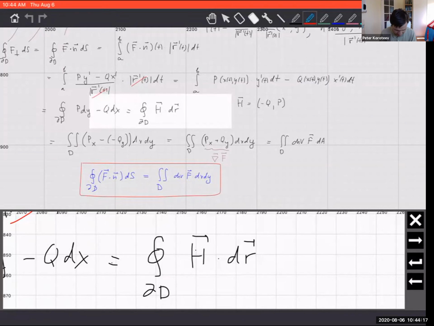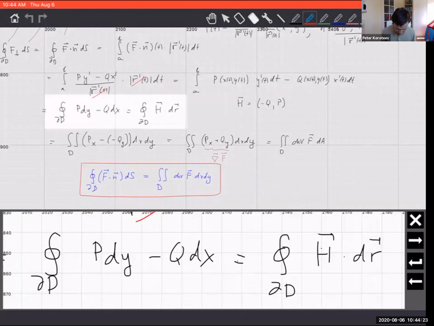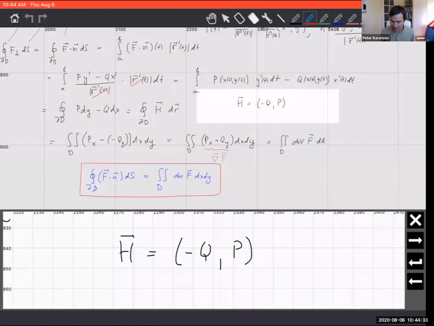It's not f anymore, it's this vector field here. So you have negative q dx plus p dy. It's as if we have this other vector field h with components negative q and p, which we're integrating over the boundary, and we're applying Green's formula to that vector field.